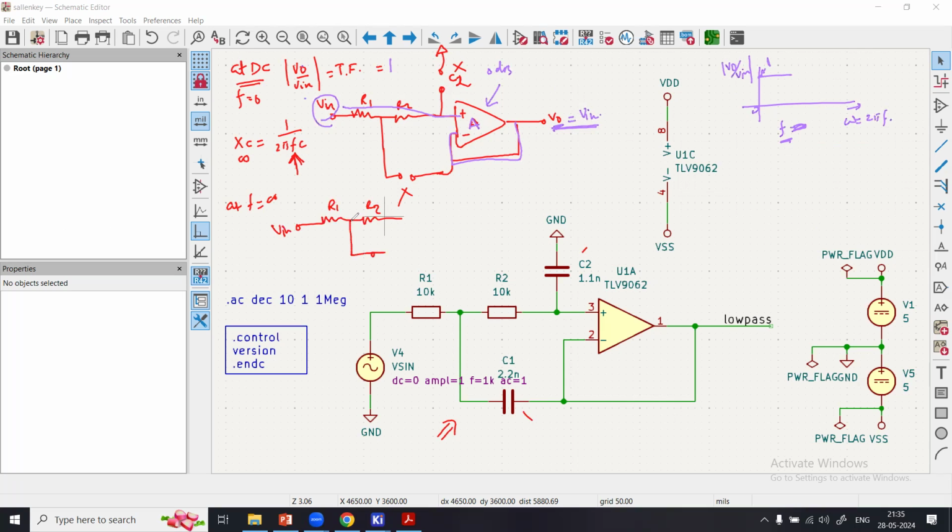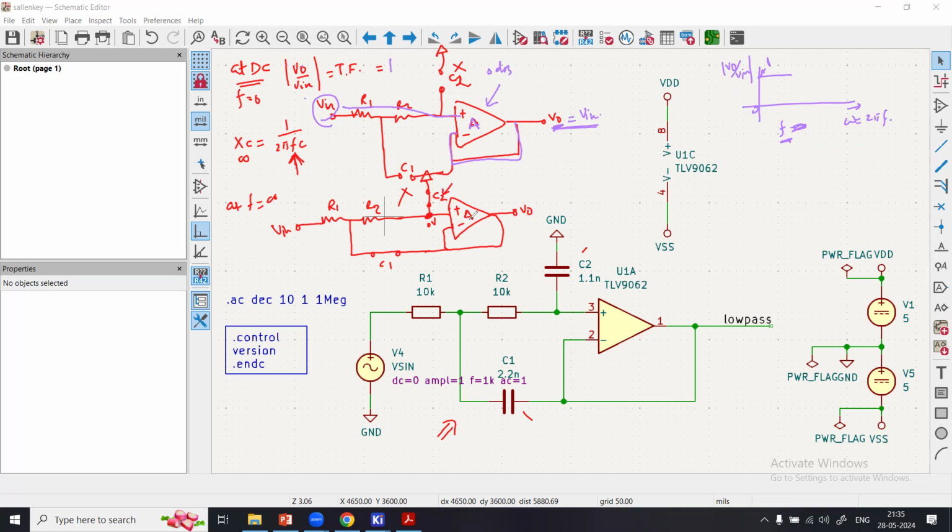This capacitor, C1, got shorted, and this capacitor, C2, also got shorted. Here you have an amplifier with positive and negative pins, and this is your V output. At this point you have 0 volt because capacitor C2 got shorted.